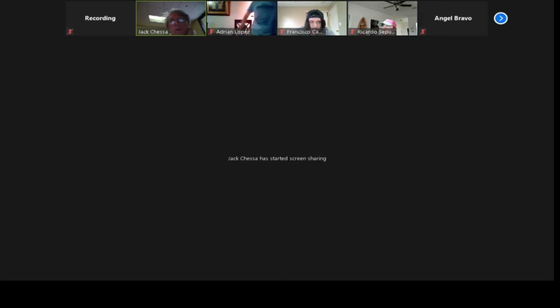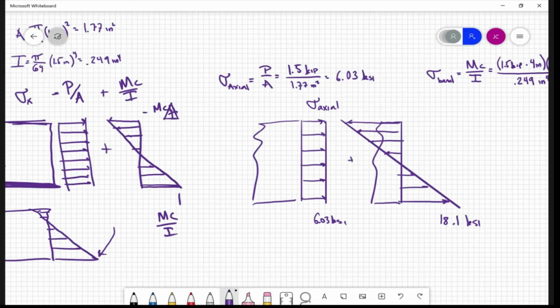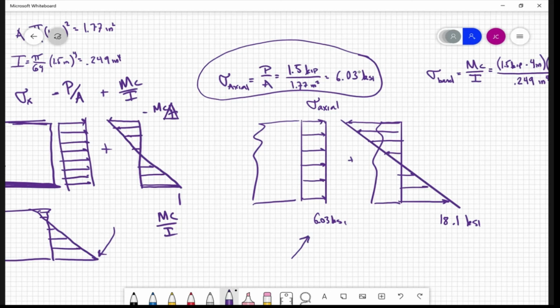So it's 1.57 kips over the area, which I got as 1.77 inches squared. So I got 6 KSI. And that basically looks like this, roughly to scale. So you can see over the entire face, we have a uniform tensile stress of 6.03 KSI, right?